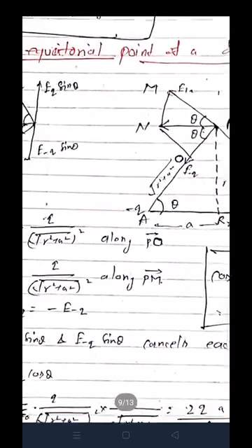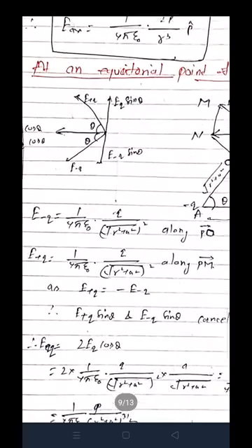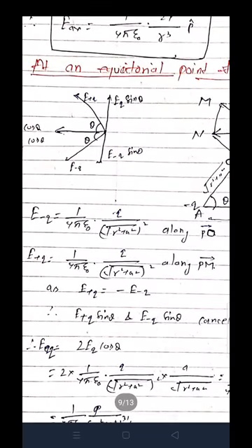Okay. So now, as you can see, E minus Q and E plus Q are both the same, only the difference is of direction. One is acting along PO and the other one is acting along PM. So both are equal but opposite because the direction is different.